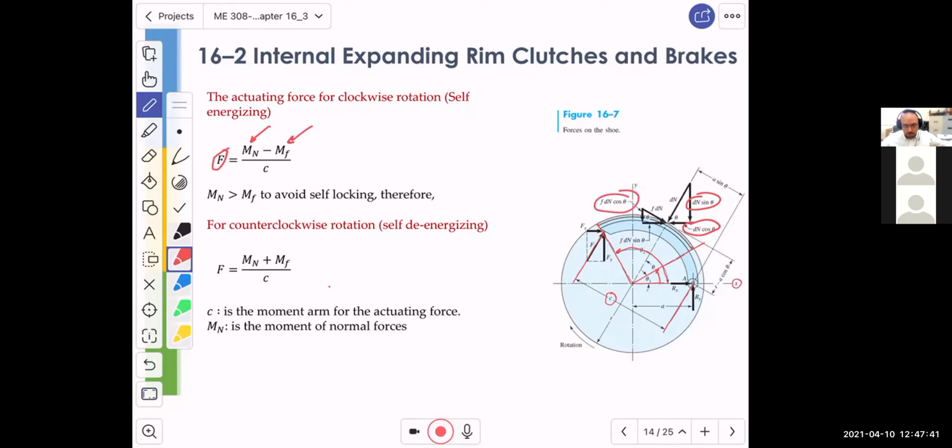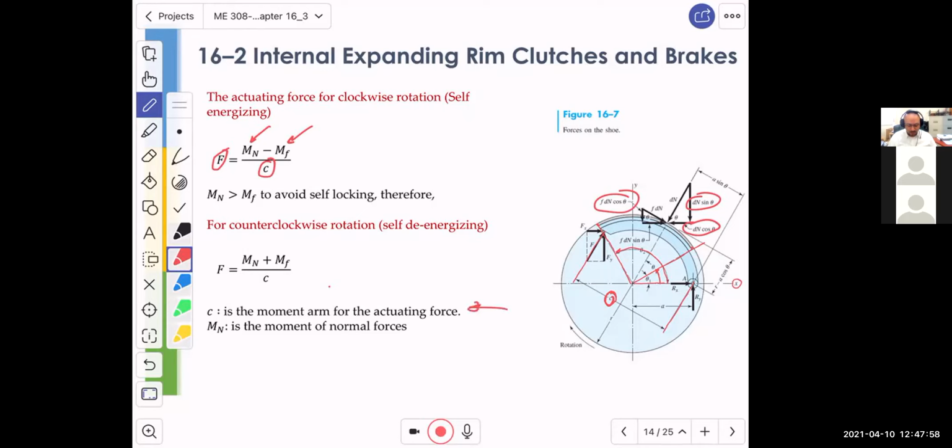If I sum up the moments, I will have the moment coming from the frictional forces and the moment coming from the normal forces, divided by c. What is c? The distance, which is the moment arm for the actuating force.